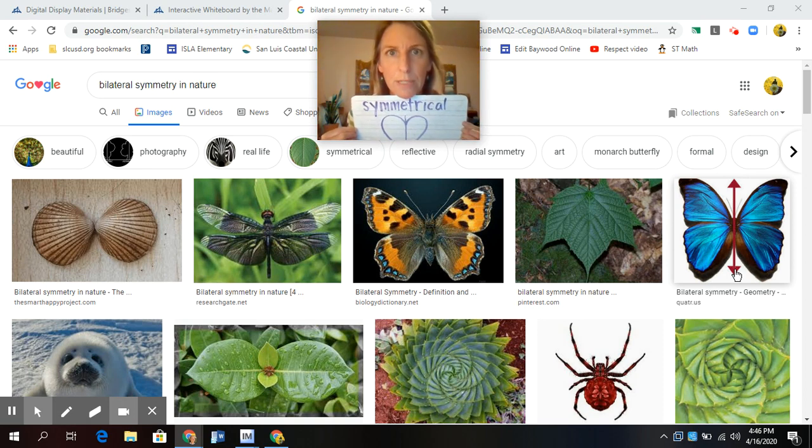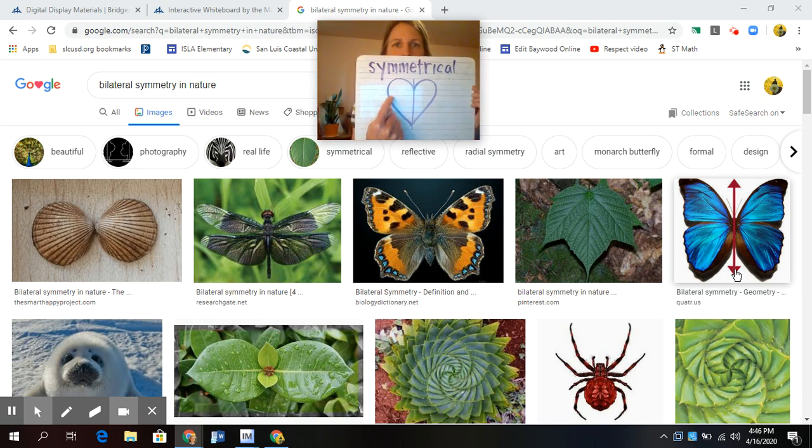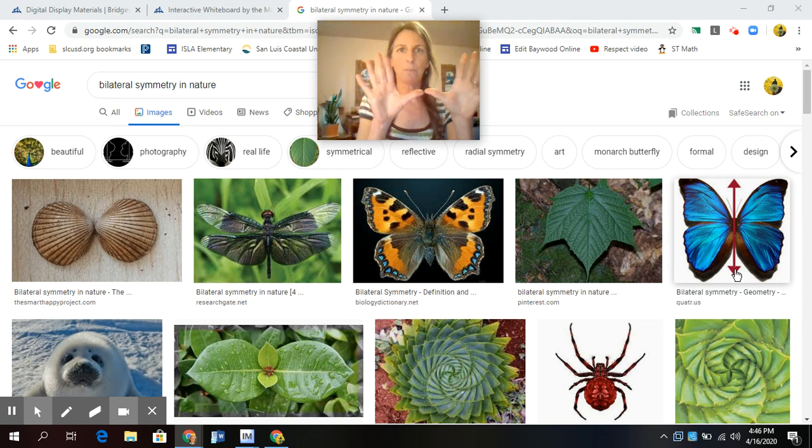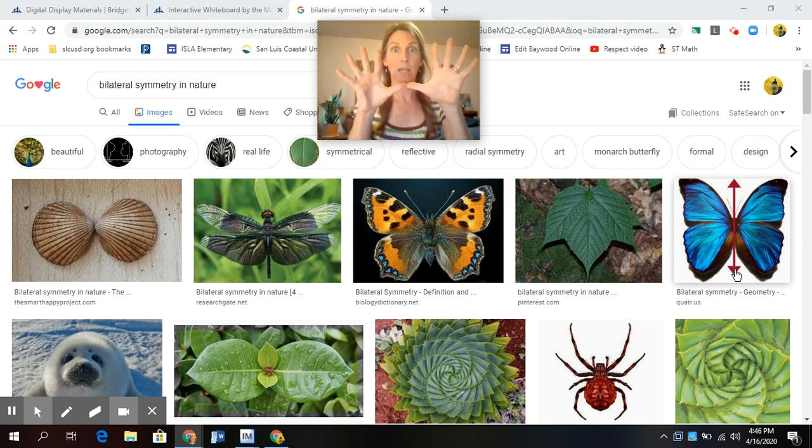It would have been more symmetrical, but this part is the same as that part. It's a mirror image, kind of like when you take your hands and you fold them together. They match right up. Mirror images, lines of symmetry, symmetrical. That is what the month of April is all about.